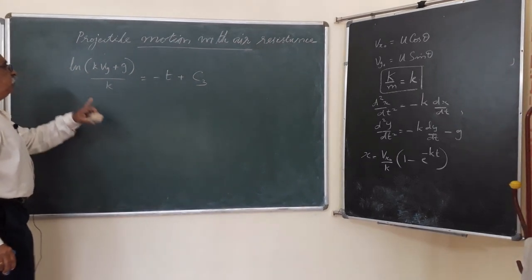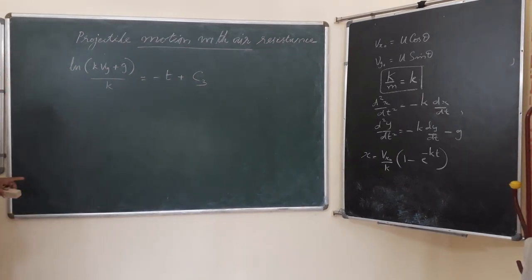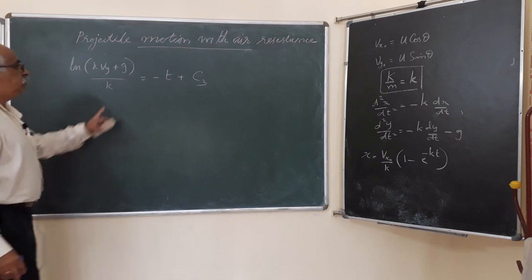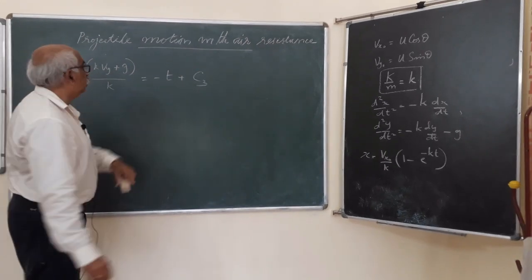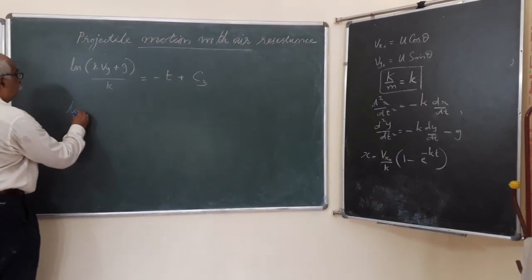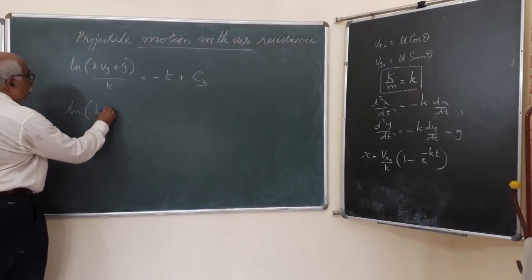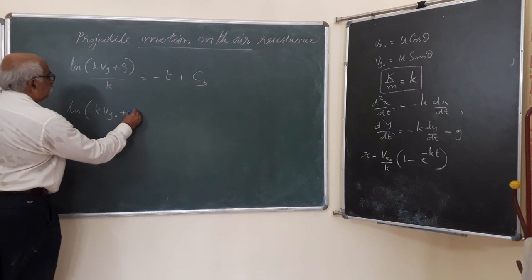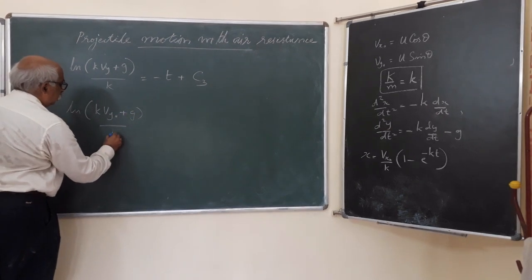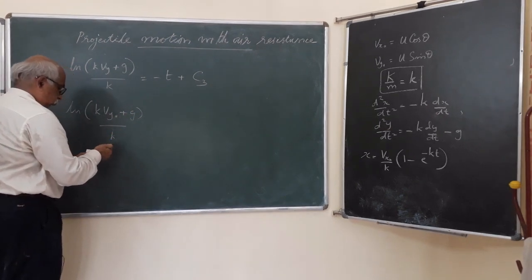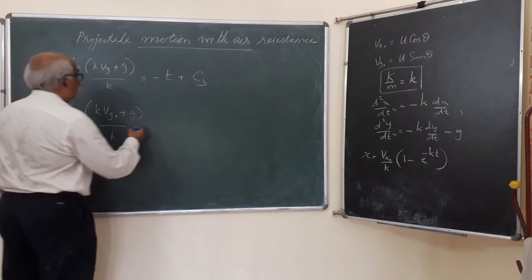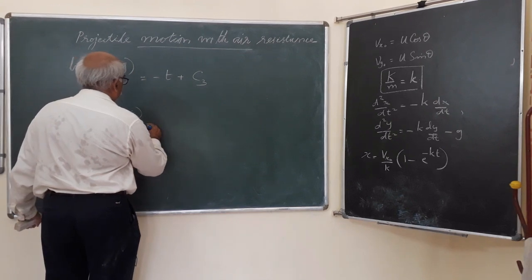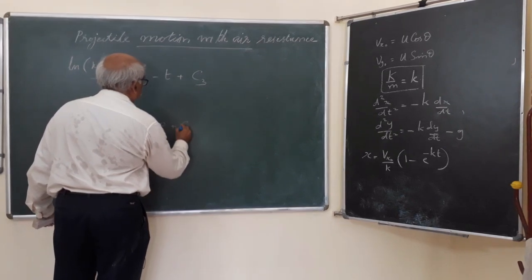Again, this constant of integration can be evaluated by applying the initial condition. When t is equal to 0, Vy is assuming the value Vy0. ln of kVy0 plus g divided by k is equal to 0 plus C3.